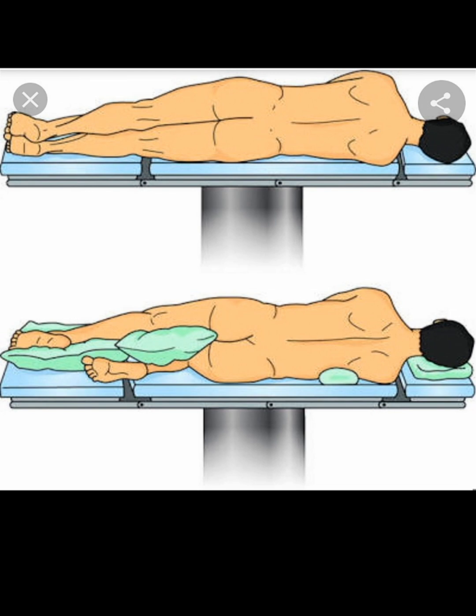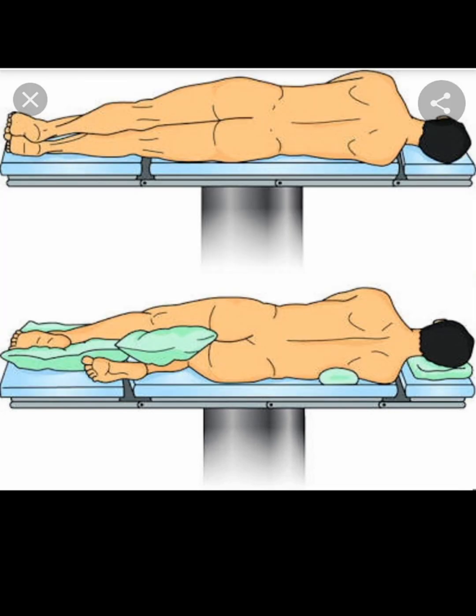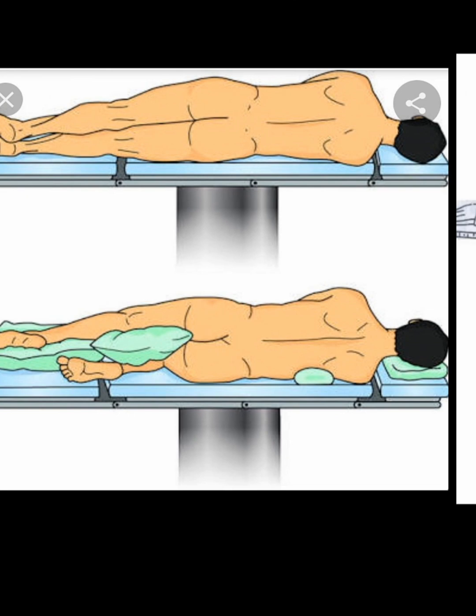Mainly this position is used in renal surgery, that means kidney surgery. What are the pressure points? Head, ears, shoulder, elbow, hip and knee. In these places we have to provide some support. So the third one is the lateral position, mostly used for renal surgeries.